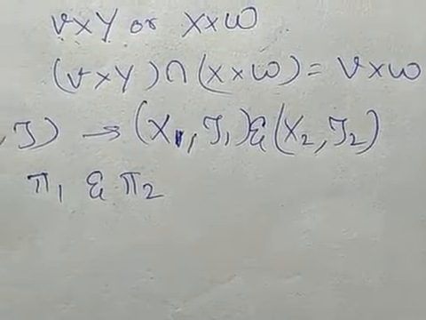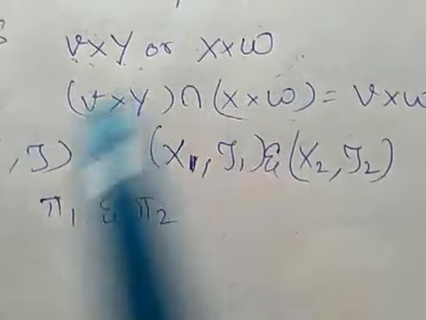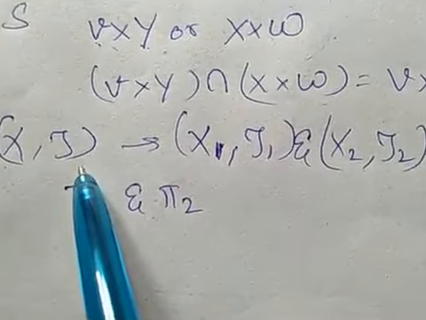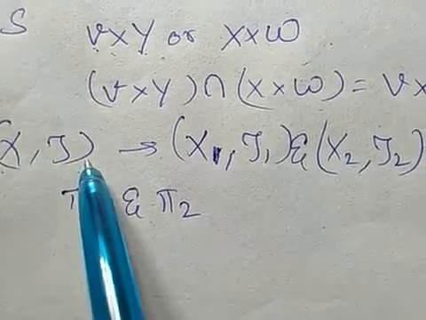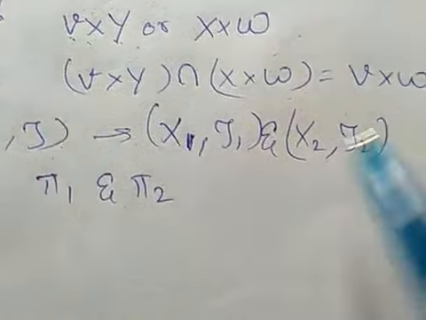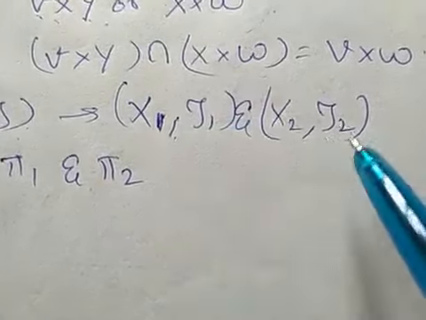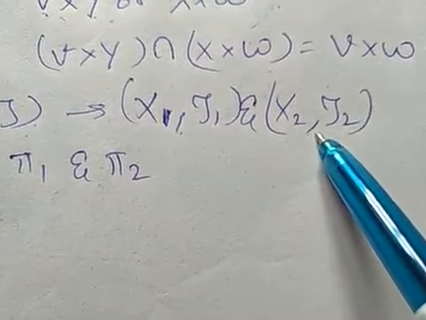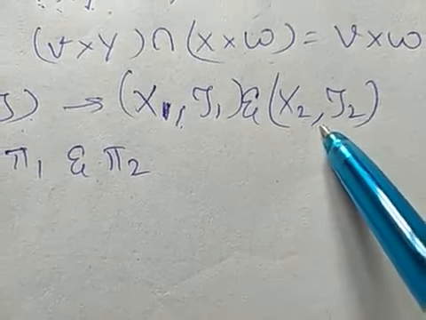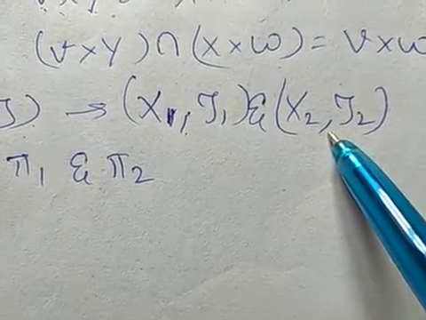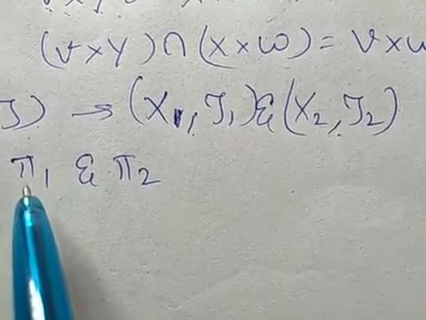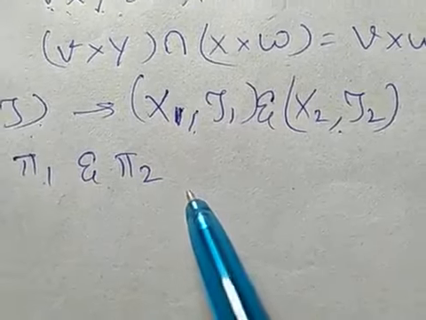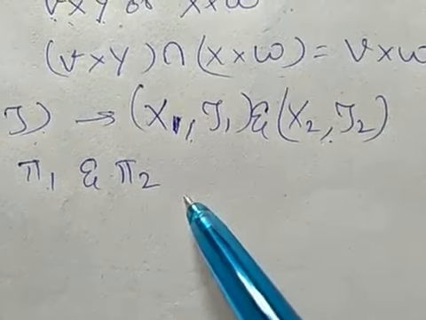We have to prove that whenever we are having (X, tau), which is a product space of the topological spaces (X1, tau 1) and (X2, tau 2), then the projection maps phi 1 and phi 2 are continuous.